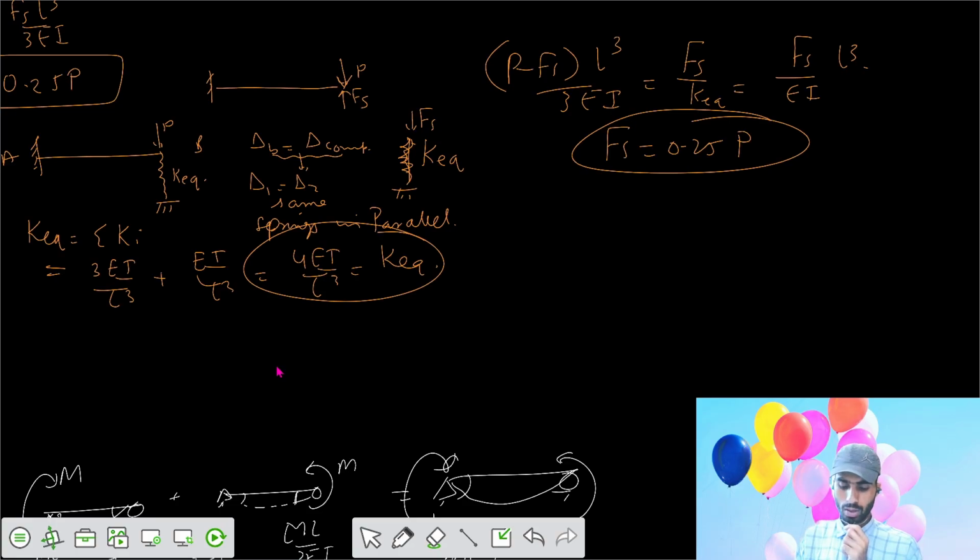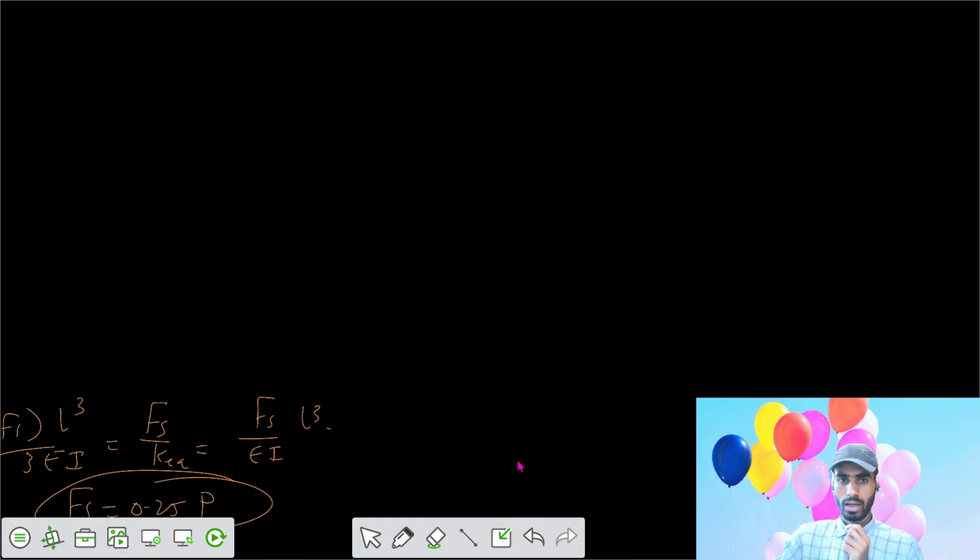Now we have two more problems on the superposition method. Then we will end this lecture. Let's say you have a simply supported beam of 2 meters, and a load is acting at the midspan, and you have connected a spring.